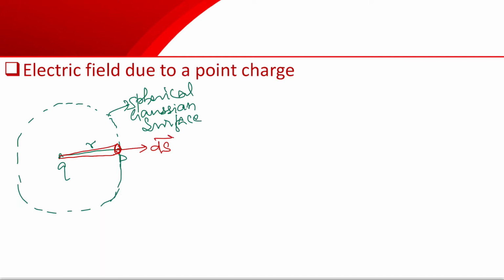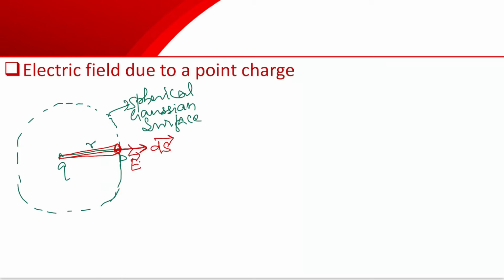It is directed along the normal, that is the normal area vector ds, and we know that the electric field at this point will also be in the same direction. Area is in this direction as well as the electric field.